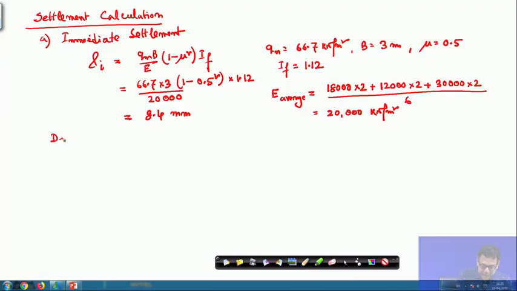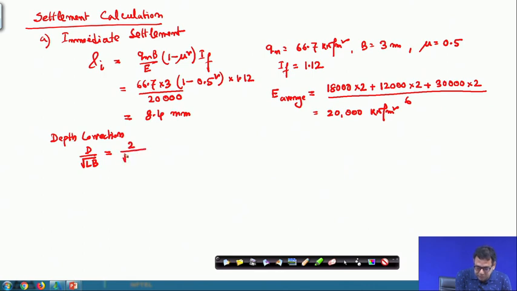For the depth correction, d by root over L b, so d value is 2 meter, L is 3 meter, B is also 3 meter. So, this value is 0.67 and L by B is equal to 3 by 3, which is 1.